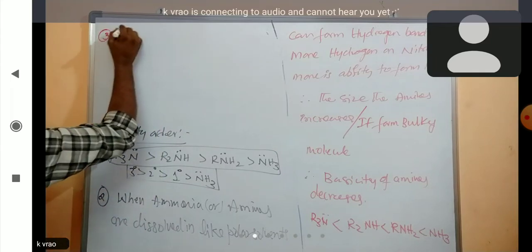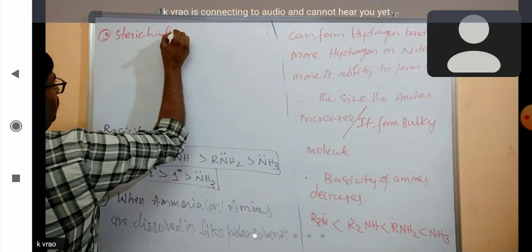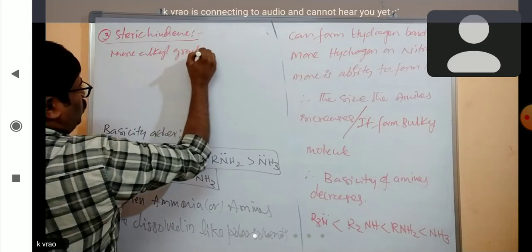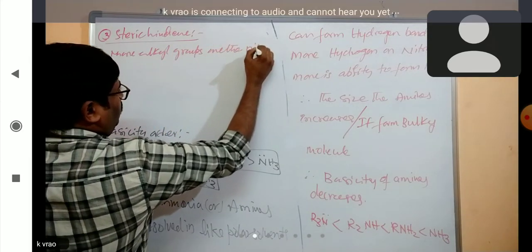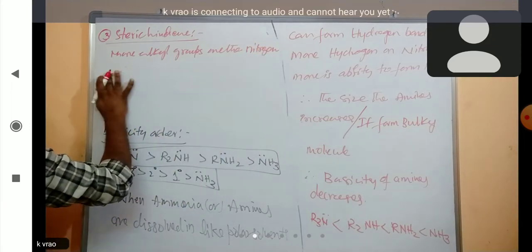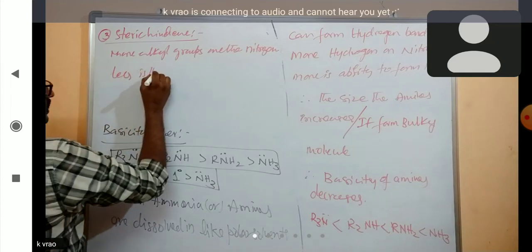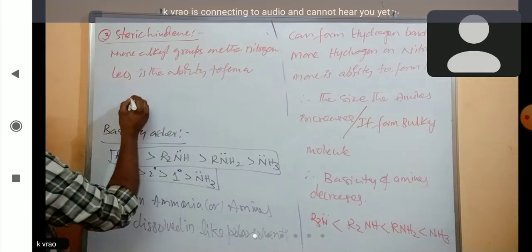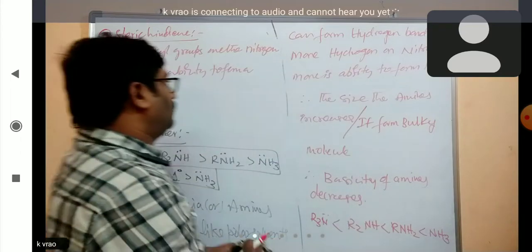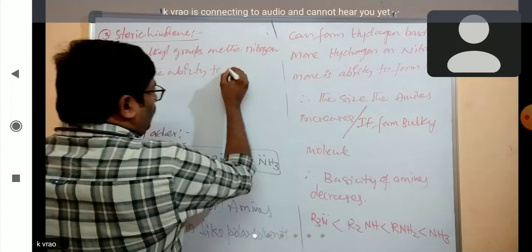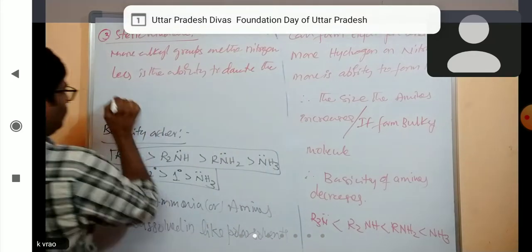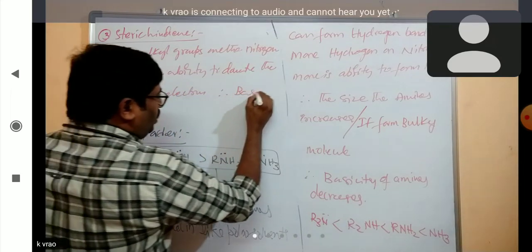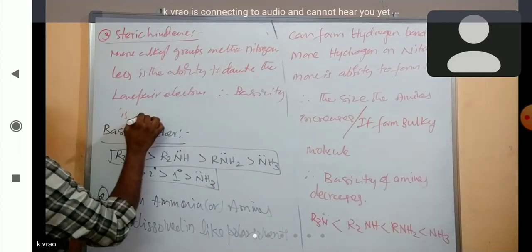Steric hindrance: the more alkyl groups on the nitrogen, the less is the ability to donate the lone pair of electrons. Therefore, basicity decreases.